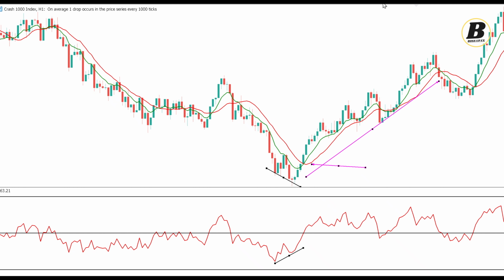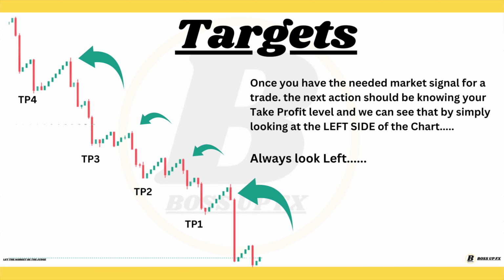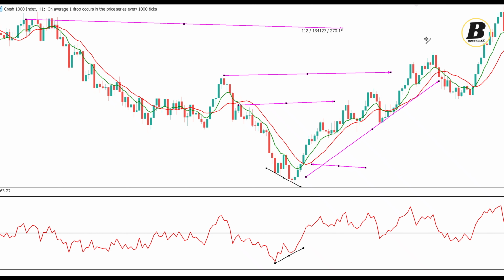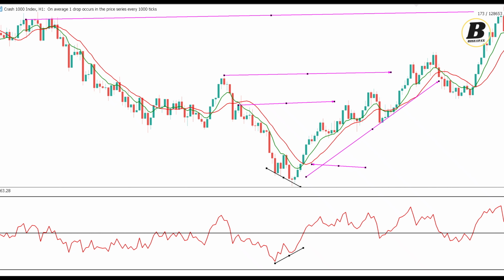So in this scenario, let's assume this is what's happening now. Our first target should be this high on our left side. You can first target this high, first target, second target, then your last target will be here.